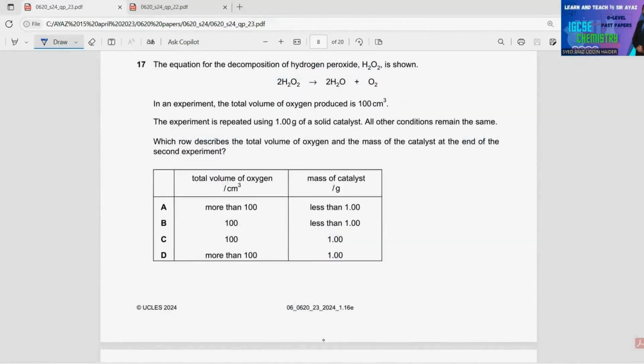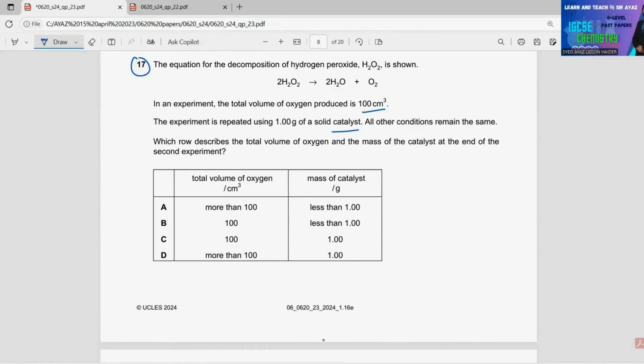MCQ number 17. The equation for the decomposition of hydrogen peroxide, H2O2, is shown. 2H2O2 gives 2H2O plus O2. In an experiment, the total volume of oxygen produced is 100 cm³. The experiment is repeated using 1 gram of a solid catalyst. All other conditions remain the same.